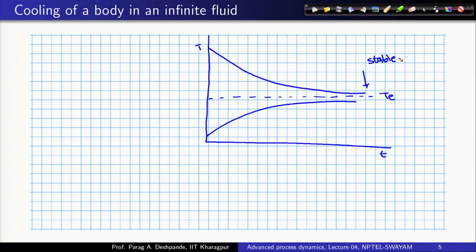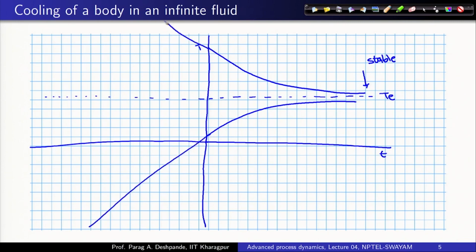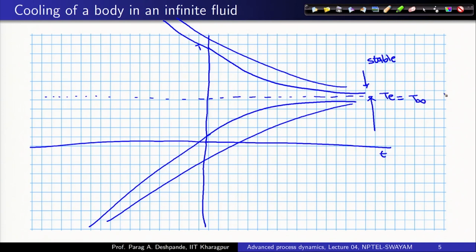We have considered time only positive, what you can do is take time, temperature, everything negative for the sake of mathematical completeness. So, you can draw phase lines like this. These would be the phase lines, and all of them would asymptotically reach T equilibrium equal to T infinity as time t tends to infinity.